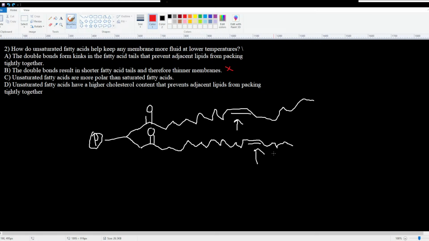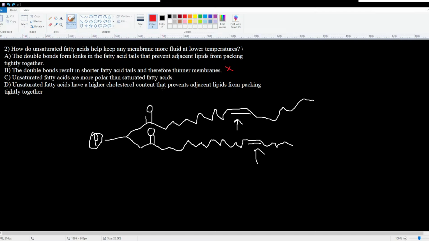That's just completely untrue. Unsaturated fatty acids are just as nonpolar as saturated fatty acids. The only thing that makes something polar is if it has a polar covalent bond, such as oxygen and hydrogen, or carbon and oxygen, that sort of thing, or nitrogen and hydrogen.